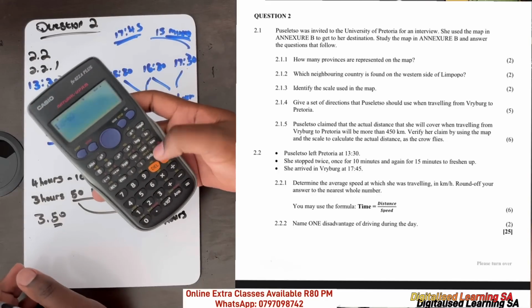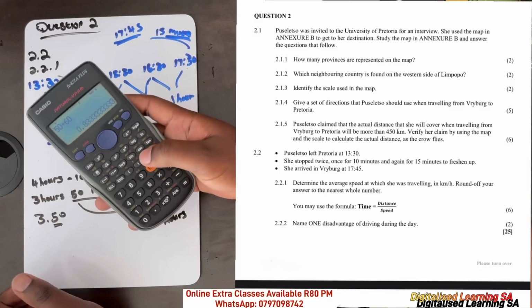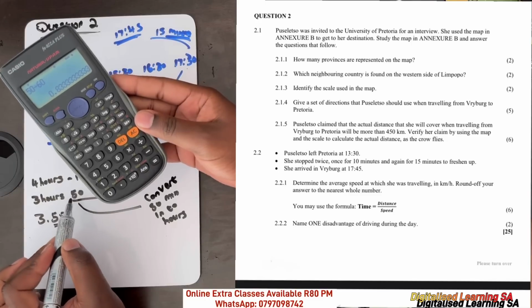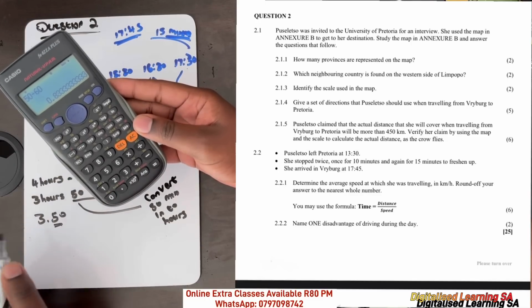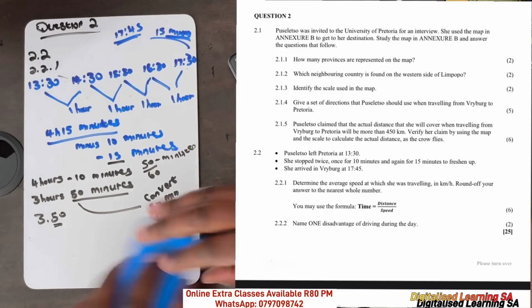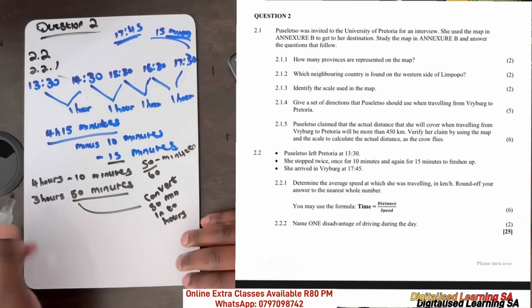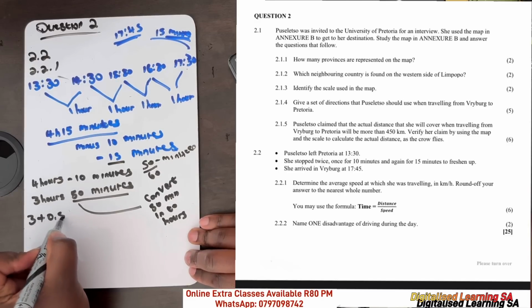So 50 divided by 60, we will have 0.83, meaning that we are now going to replace the 50 minutes by 0.83. So we will say the 3 hours plus 0.83.